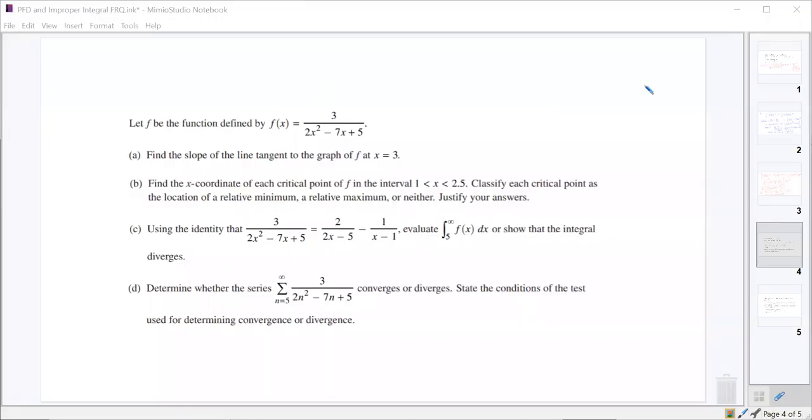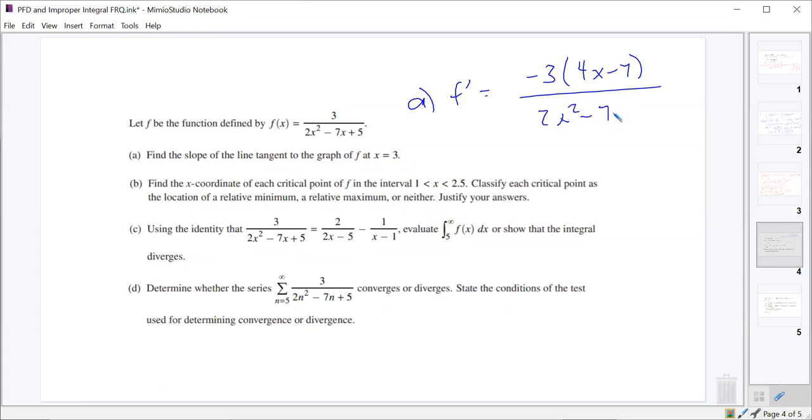For part A, we want the slope of the line tangent to the graph of f at x equals 3. So that's just a matter of taking the derivative of this. F prime. This is, again, just the reciprocal rule, so negative, and then keep the constant, derivative of the denominator, 4x minus 7, denominator squared. And we want to evaluate that at x equals 3.